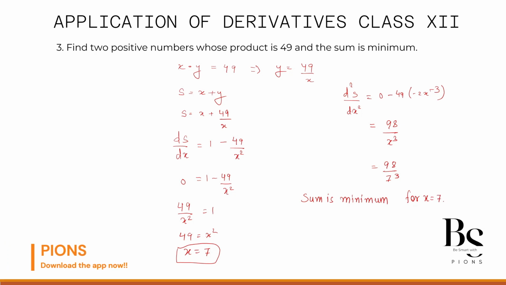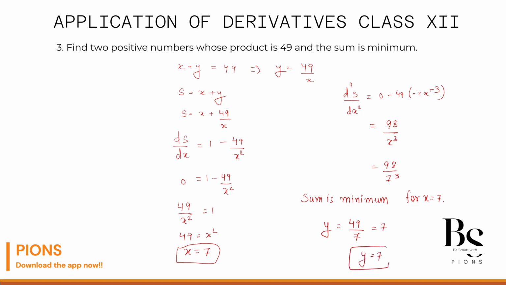Why? Because the double derivative is positive. If the double derivative was giving you a negative value, it would be maxima. So x equal to 7. Let's find y. So y will be equal to 49 upon x. So that will be 7. So y equal to 7 is your second number.